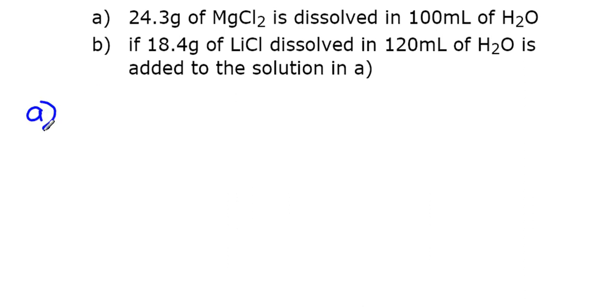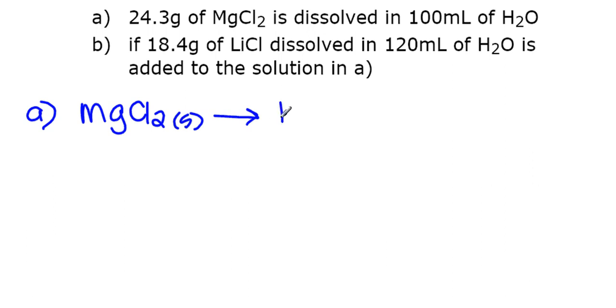First thing we want to consider is what's happening to the magnesium chloride when it's dissolved in water. Magnesium chloride starts off as a solid and it's an ionic compound. When this ionic compound breaks apart into ions in solution, they're going to be aqueous.